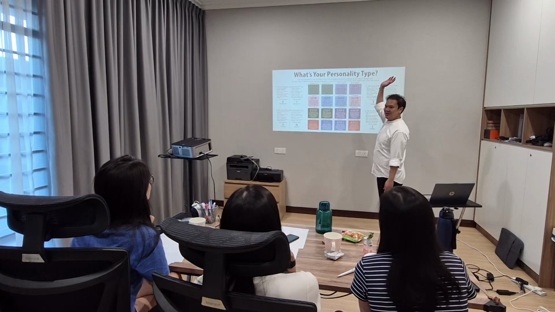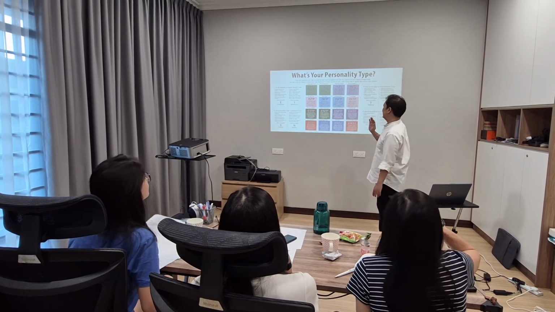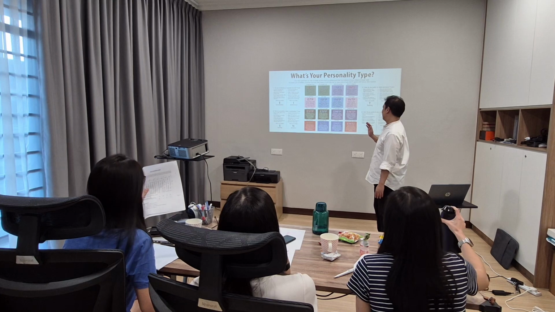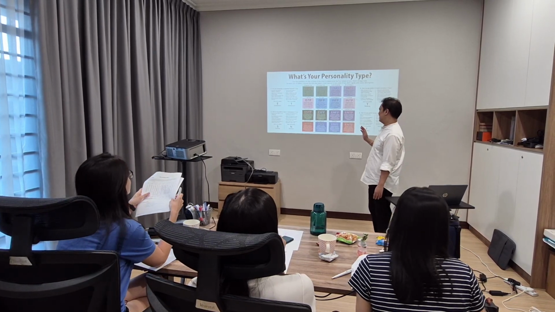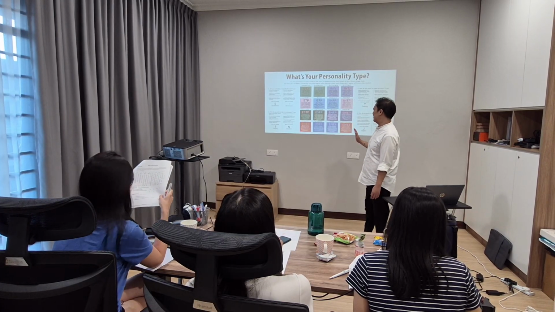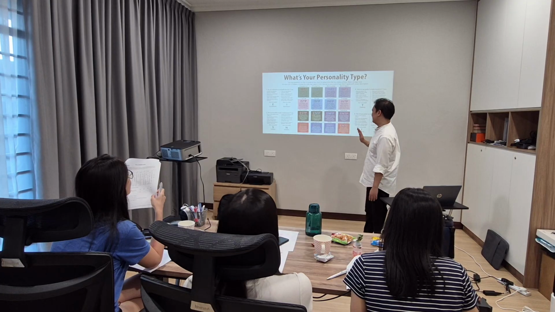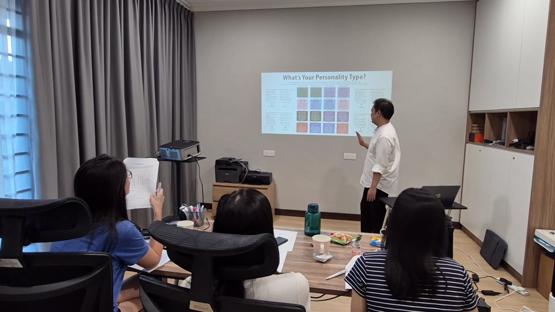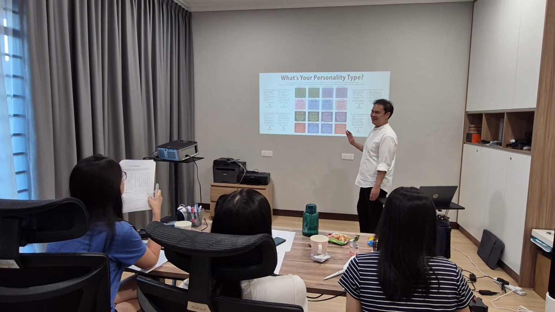Can we start with Qingmei? Qingmei, which are you again? ESFJ, caregiver. What does it mean? You are friendly, outgoing, reliable, conscientious, organized, practical, and you seek to be helpful and please others, and you enjoy being active and productive.